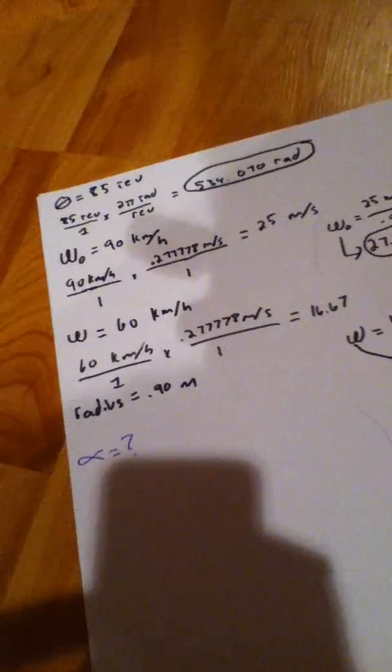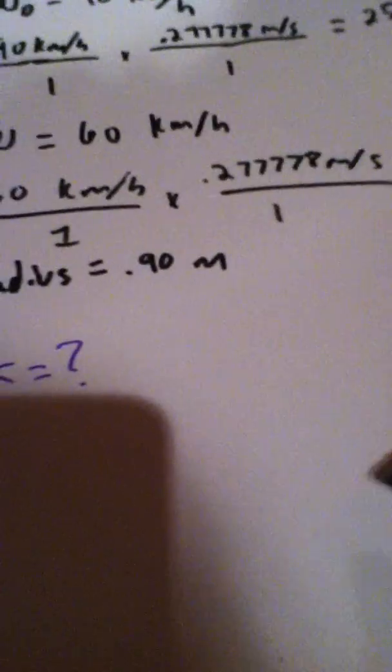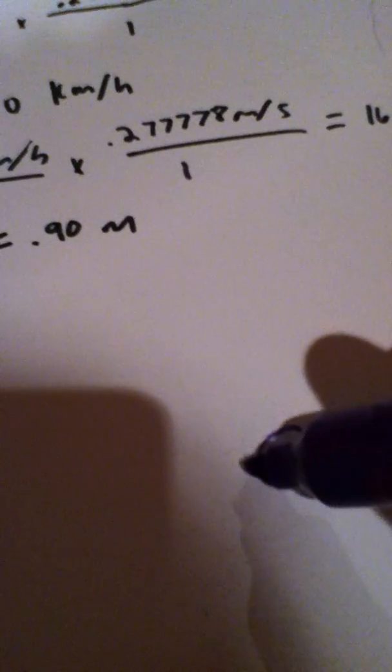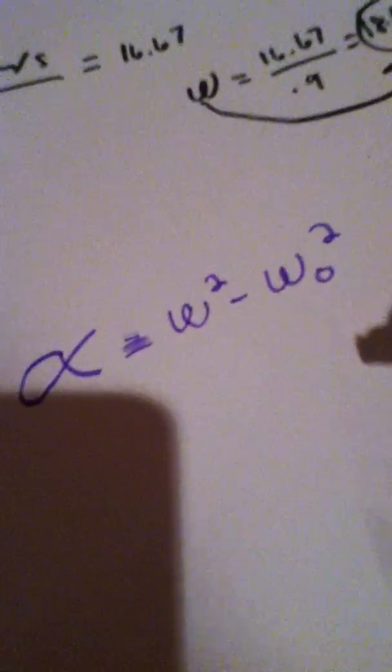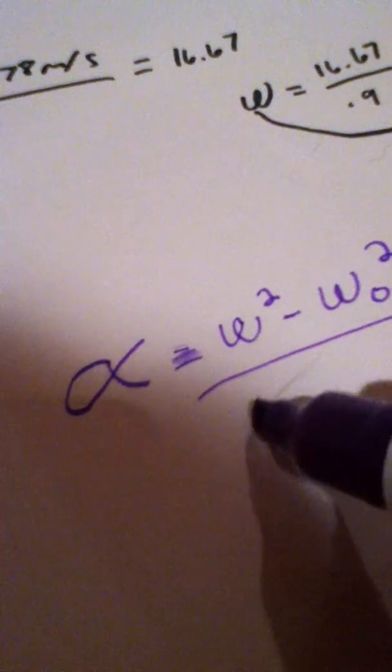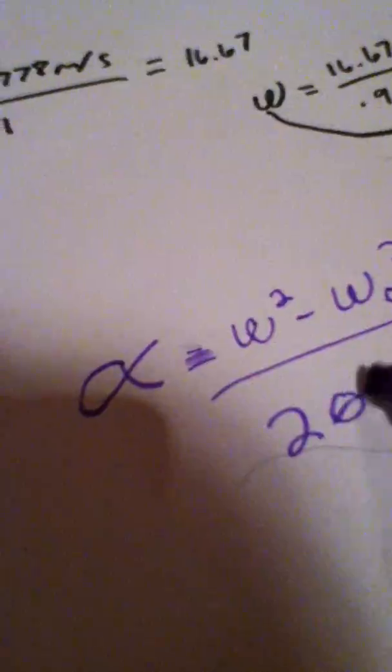So to do that, we know that we can find angular acceleration by doing omega squared minus omega naught squared over 2 theta, and that'll give you alpha, or angular acceleration.